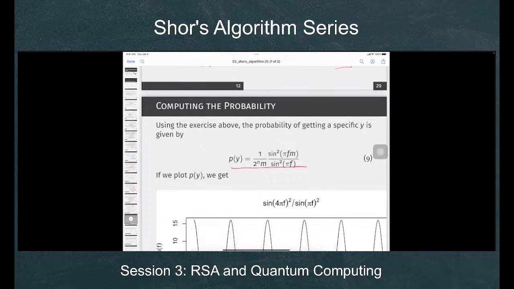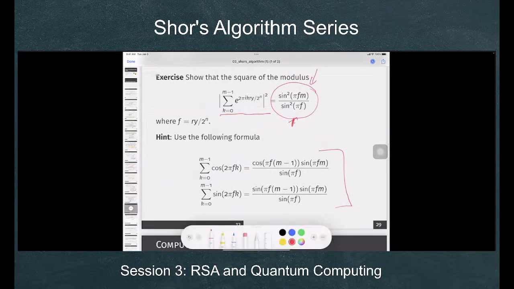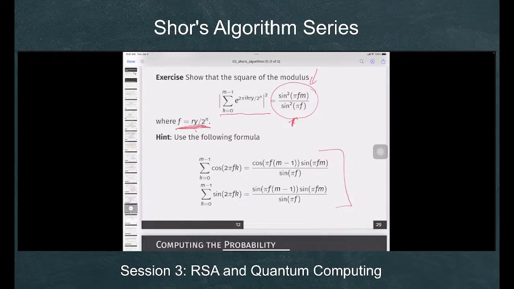Now, if you plot this function, and for example we let this letter f here be defined as this one, because it's a very complex formula, so we just make it simple by calling it f.